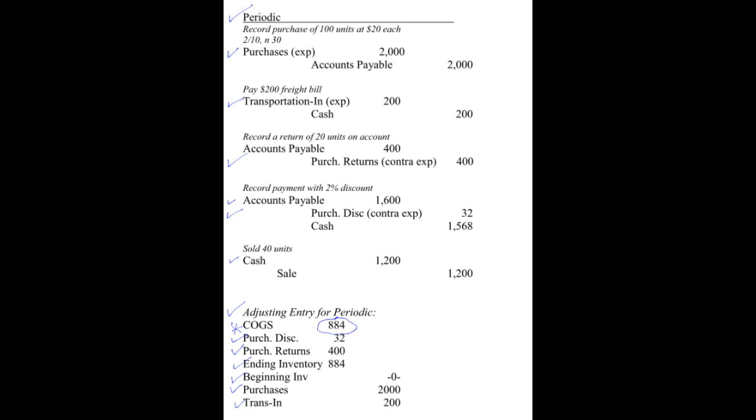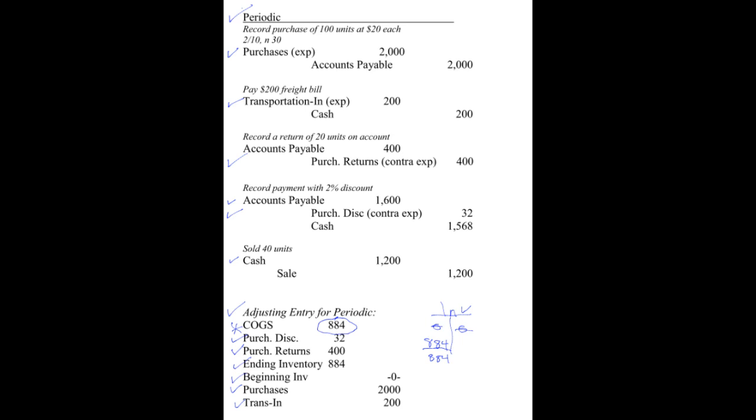I'd like to talk a little bit about that beginning and ending inventory. We had in inventory, in our example, nothing to start with. And then we went out and counted, and we had 884 left at the end. In the periodic system, you would reverse your beginning number, which was nothing, and you would set up your ending number, which was 884. You capture the change from beginning to ending inventory and adjust cost of goods sold for that.